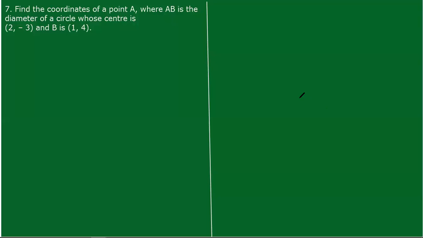The seventh one is, find the coordinates of a point A where AB is the diameter of a circle whose center is (2, minus 3) and B is (1, 4). So this is about the circle, students.